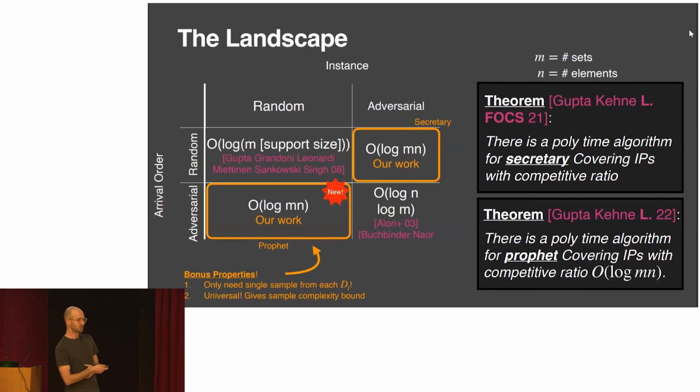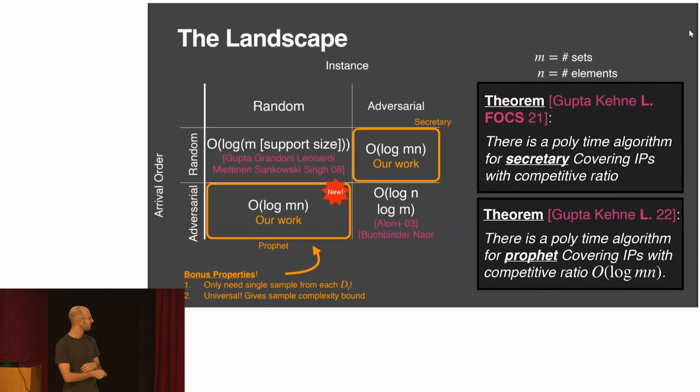Okay, some bonus properties of this algorithm here. It works in the profit setting. It actually works in the single sample profit setting. So you don't actually even need to know the distributions. All you need is a single sample from each of those distributions, Di. What's more, the algorithm is so-called universal or oblivious or non-adaptive. I'll define what this means later.